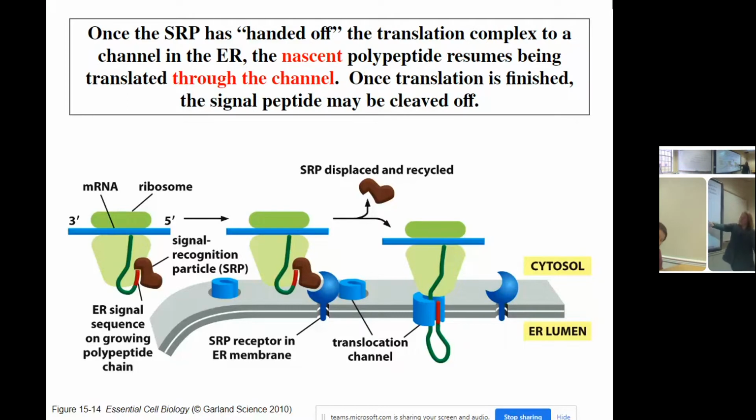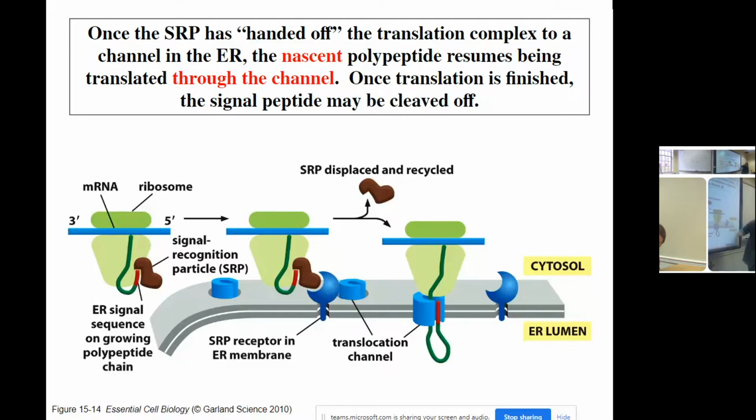So the ribosome is going to stay here while it's translating, and by being here, it's making the ER rough. It keeps on translating this messenger RNA into protein, but the protein, as it's being made, is coming through this channel, moving from the cytoplasm into the ER lumen.